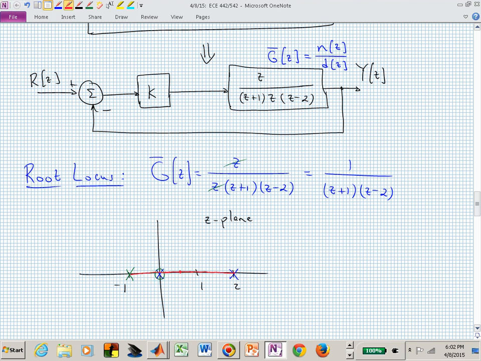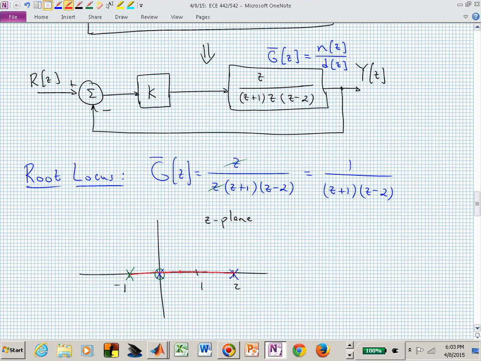Rule number 2 is easy to learn. Do we all know what even and odd are in terms of numbers? That's all we're doing with rule number 2 on root locus construction. We are standing on the real line, and we are asking this question: if I look to the right, are there an odd number of poles and zeros to my right?